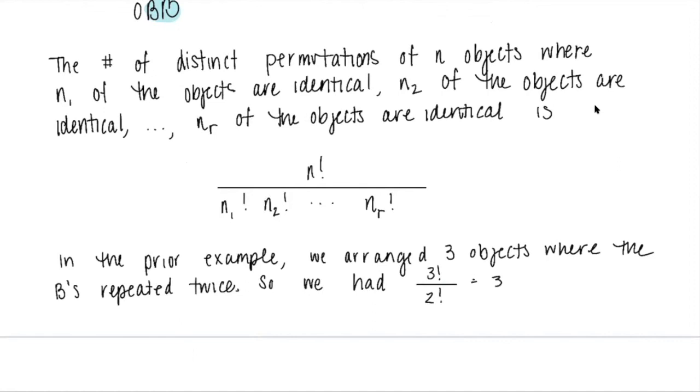Again, if you plug that into your calculator, that's going to be exactly 3 ways to permute them. So you want to count based on this grouping. This particular thing has this many repetitions, this other object has this many repetitions, and you just divide out by that number factorial.